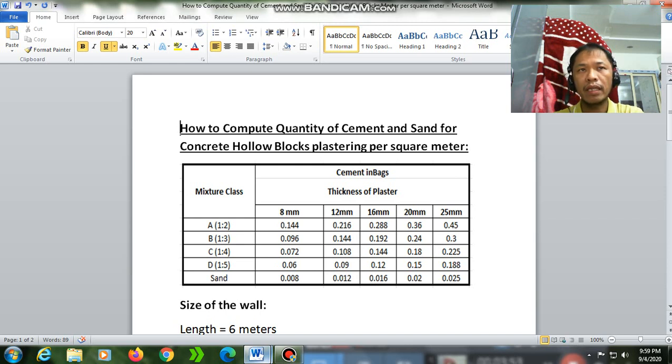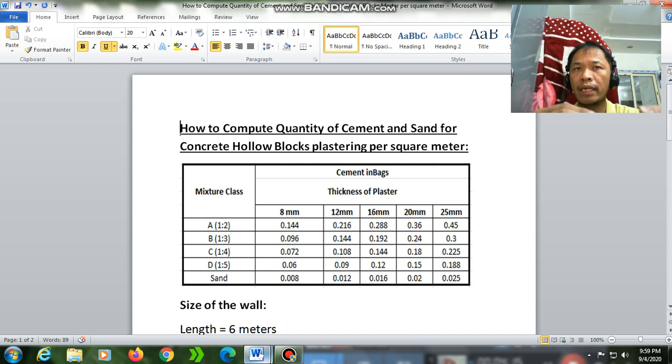For example, the 8 mm, this is the thickness of the wall that you need to plaster. So the thickness of the plastering, no? 8 mm, 12 mm, 16 mm, 20 mm, 25 mm. This is the average thickness, no?